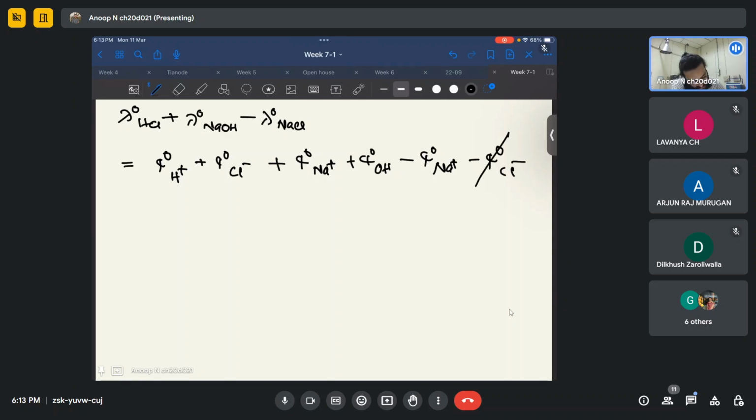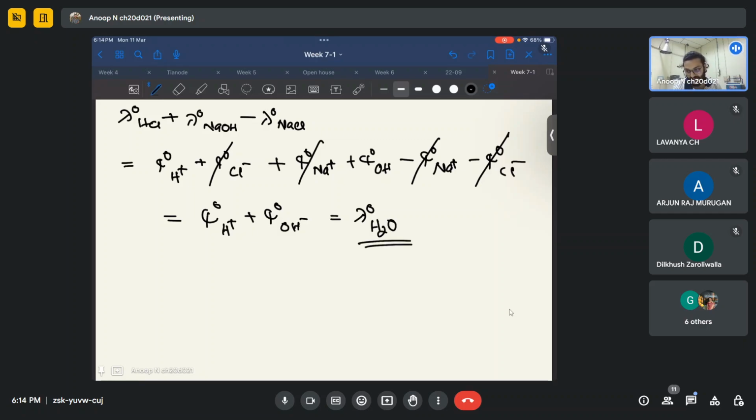So this Cl minus cancels out. This Na plus cancels out, which is equal to L0H plus L0OH minus, which is nothing but lambda 0 H2O. So the first one is same as lambda 0 H2O.